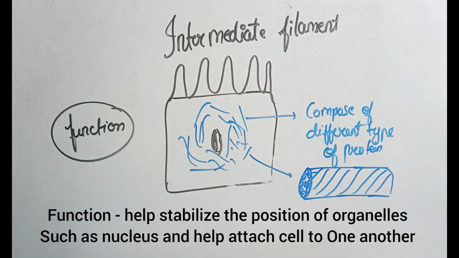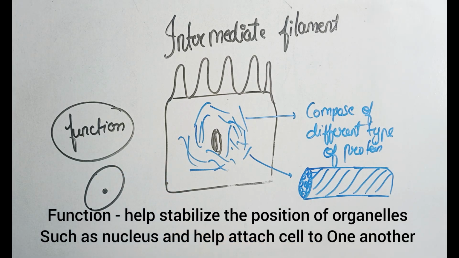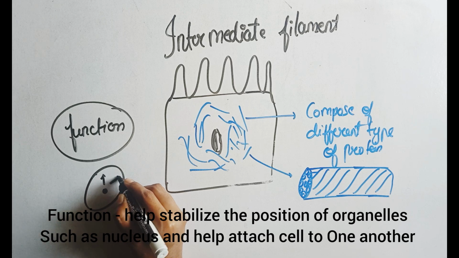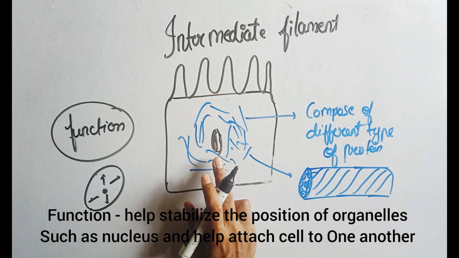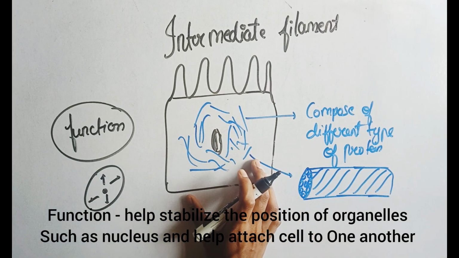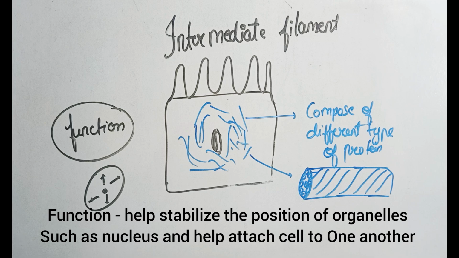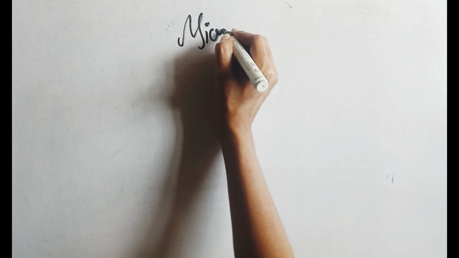For example, this is the cell, and in this cell the nucleus is present. The nucleus could move anywhere, but these intermediate filaments help to stabilize and fix the position of the organelles and nucleus. These are the functions of the intermediate filament.